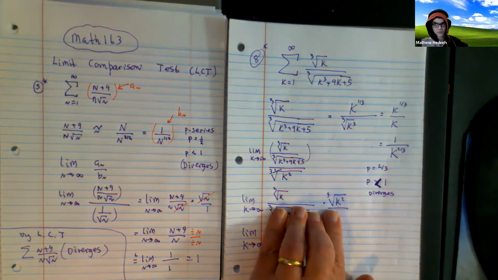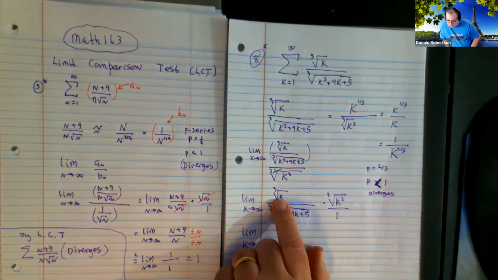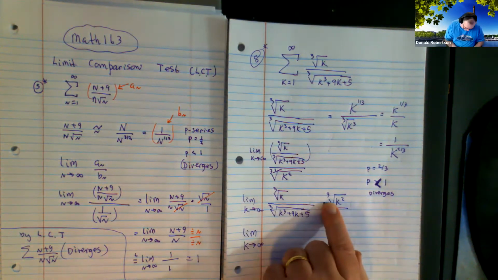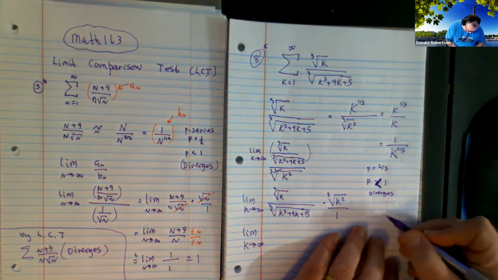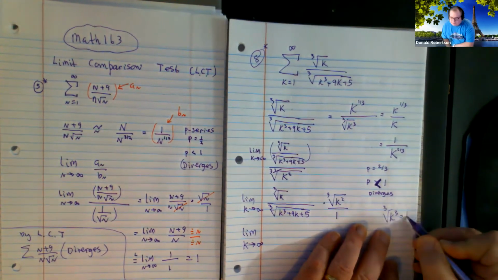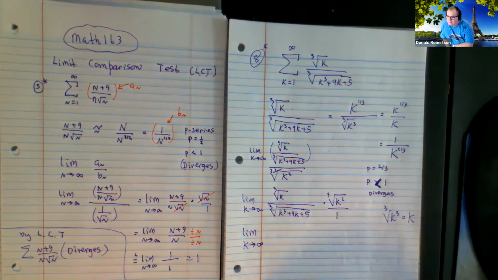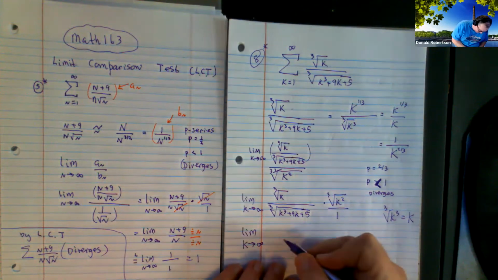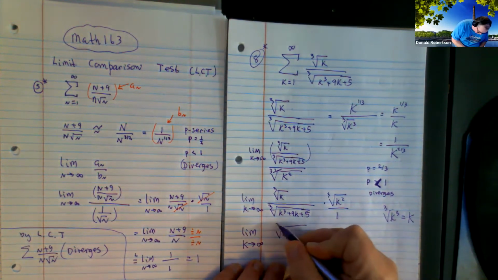Okay. Yeah. Cube root of k times the cube root of k squared. Doesn't that become the cube root of k cubed? And isn't that k? Agreed? And I'm not going to call it k, although typically I would.